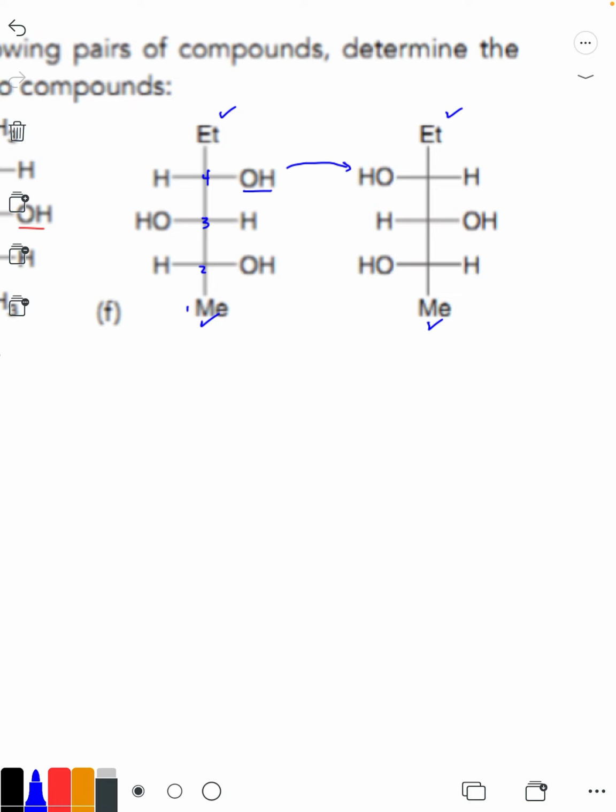And so this one, I do have a mirroring that's happened. The one in the middle, likewise, has undergone a mirroring. And the one on the bottom, likewise, has undergone a mirroring. Now, since all three of those have the mirror image, this represents a pair of enantiomers.